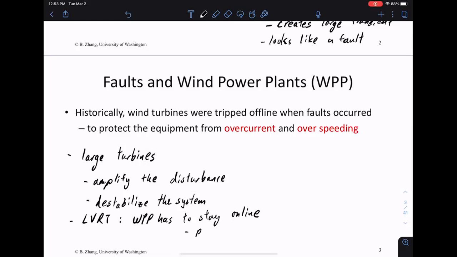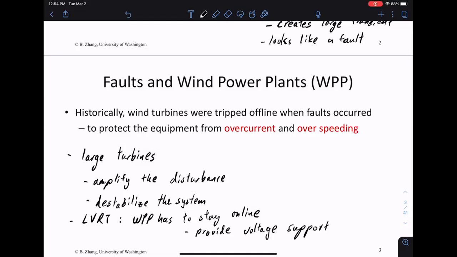And you're required to provide, okay, so you have to use the power electronics in the turbines to provide some voltage support, right? So you have to provide some voltage support, and again, you should stay connected, and actually it's up to you to try to prop up the terminal voltage of the turbine.